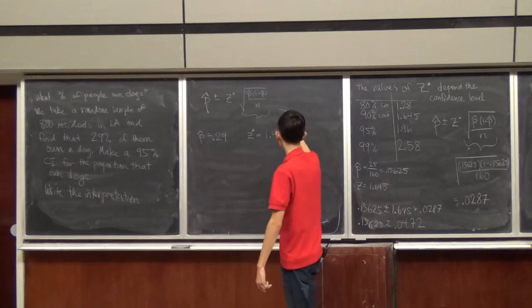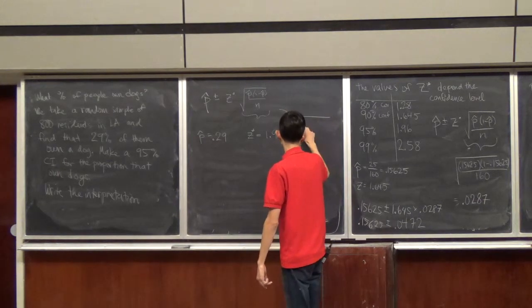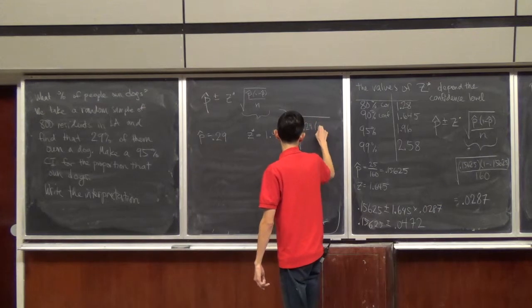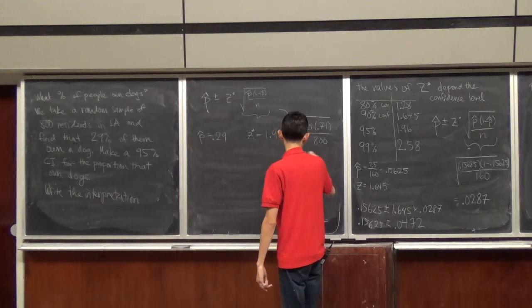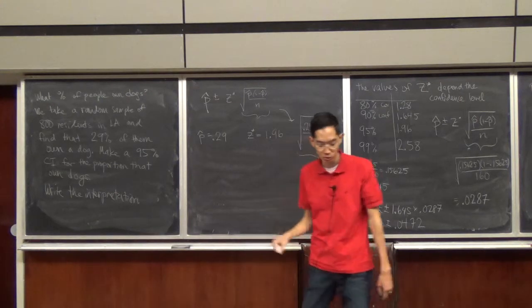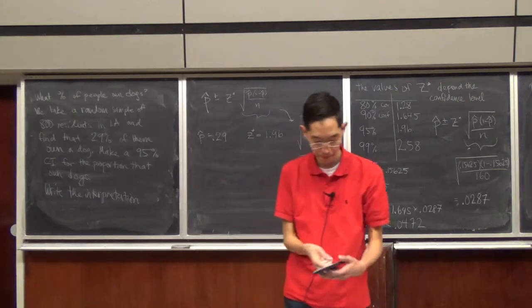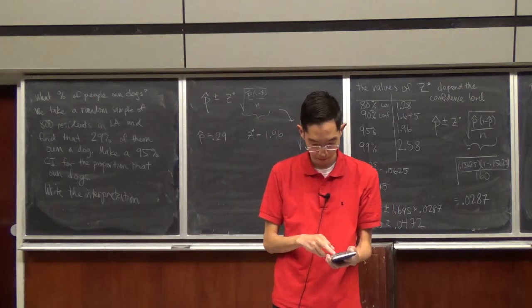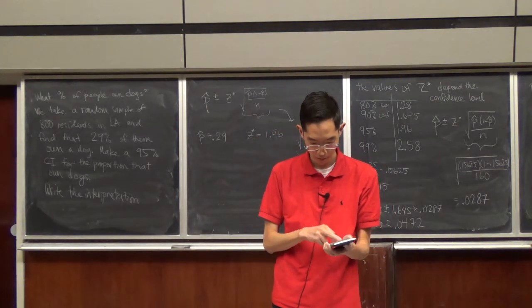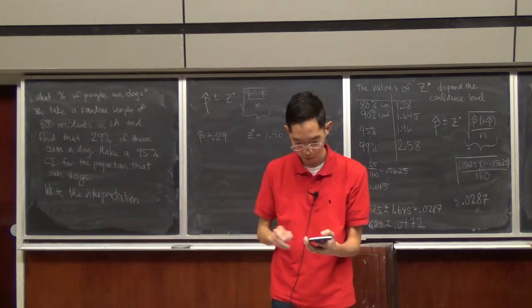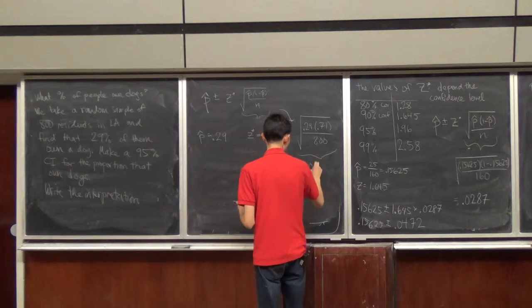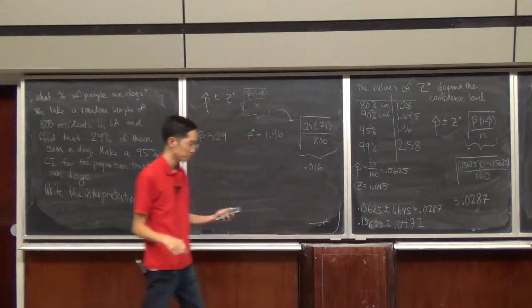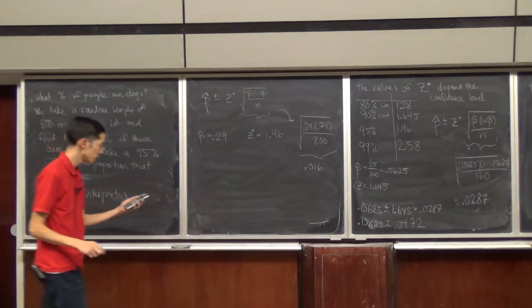My standard error ends up being the square root of 0.29 times 1 minus 0.29, 0.71, over 800. So this is equal to 0.01604.